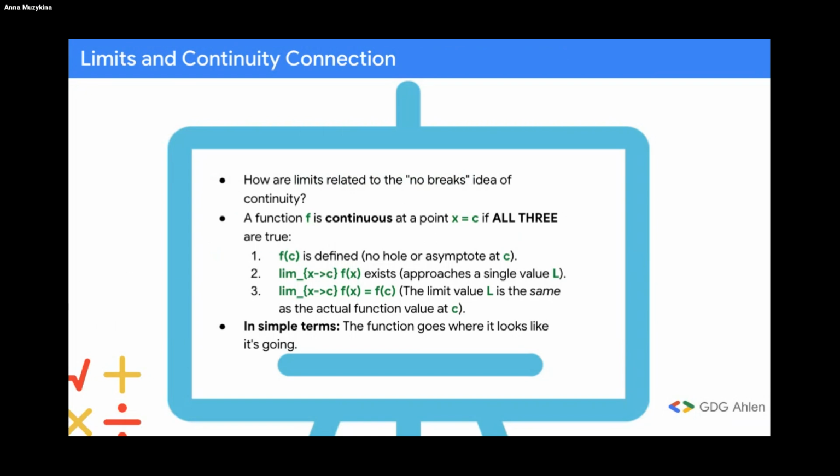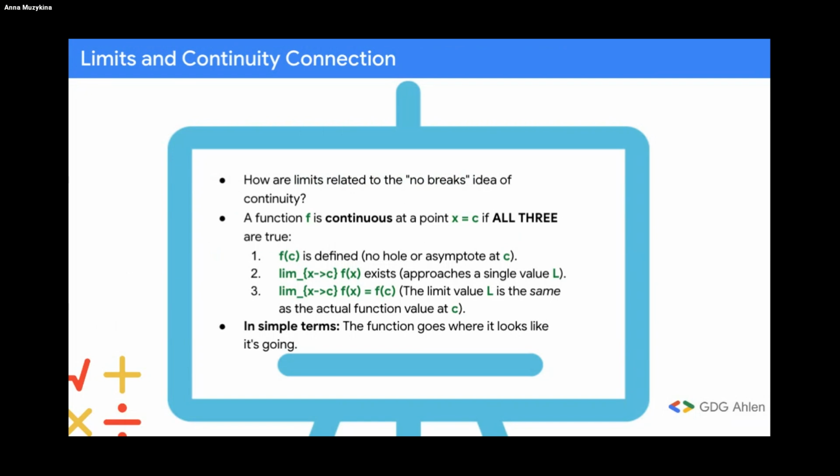The function with the hole failed condition 1 or 3, if the hole was defined elsewhere. The function with the jump failed condition 2. The function with the asymptote failed condition 1.